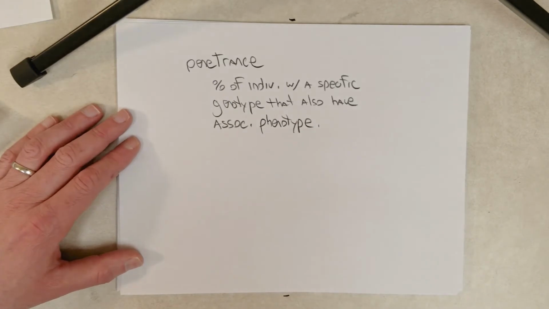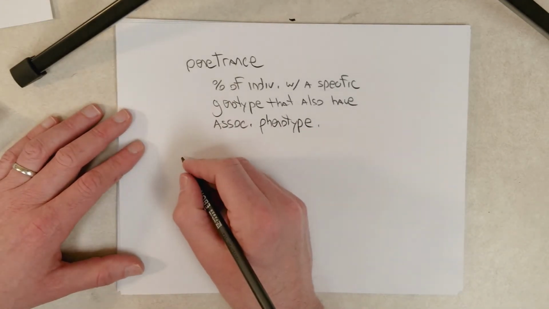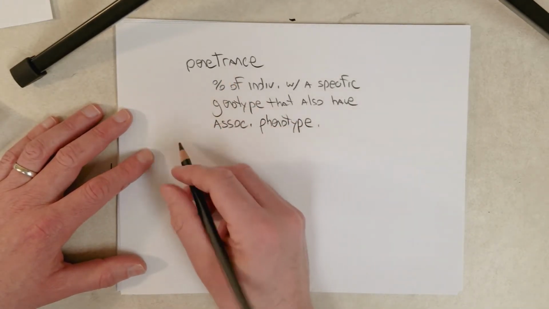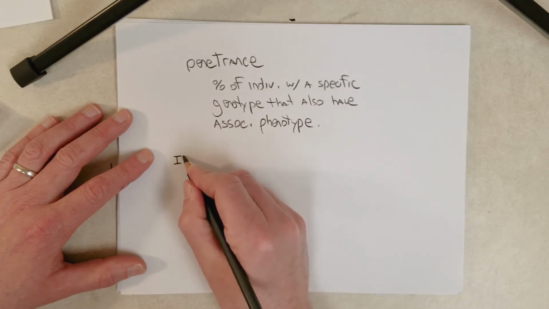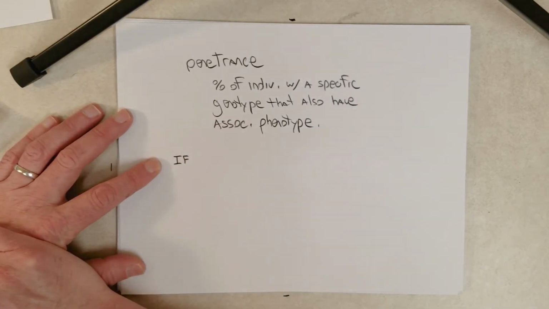So with respect to DC, Dyskeratosis congenita, let's say, and I don't know if this is true, but I do know DC is incompletely penetrant.